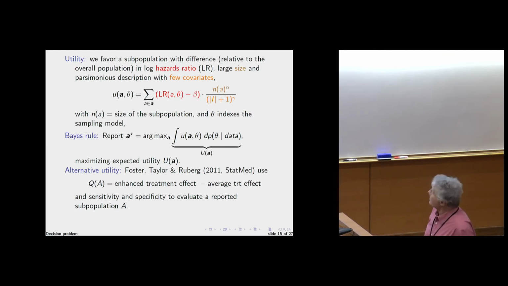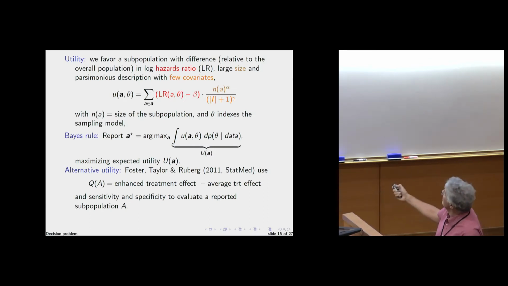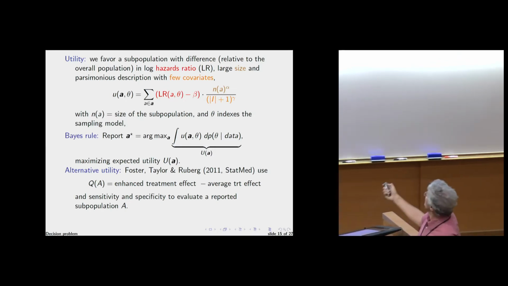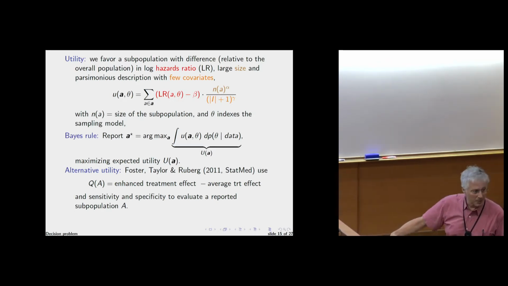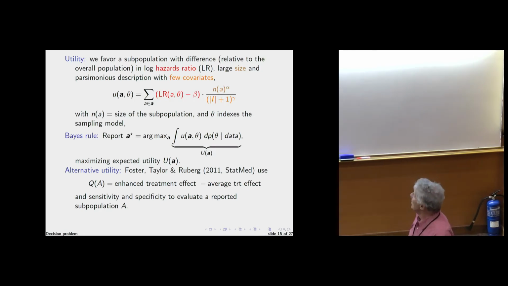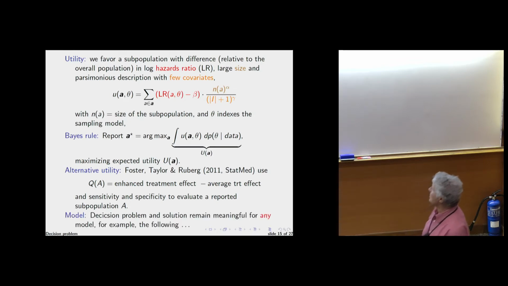Just that we enhance the notion of enhanced treatment effect by not only going after a subset with enhanced treatment effect in terms of log odds ratio, but we also take into consideration clinical plausibility in the denominator and practical use in the numerator. And that offset here, minus beta, gives us some clinically minimum meaningful difference, a clinically minimum meaningful log hazards ratio.